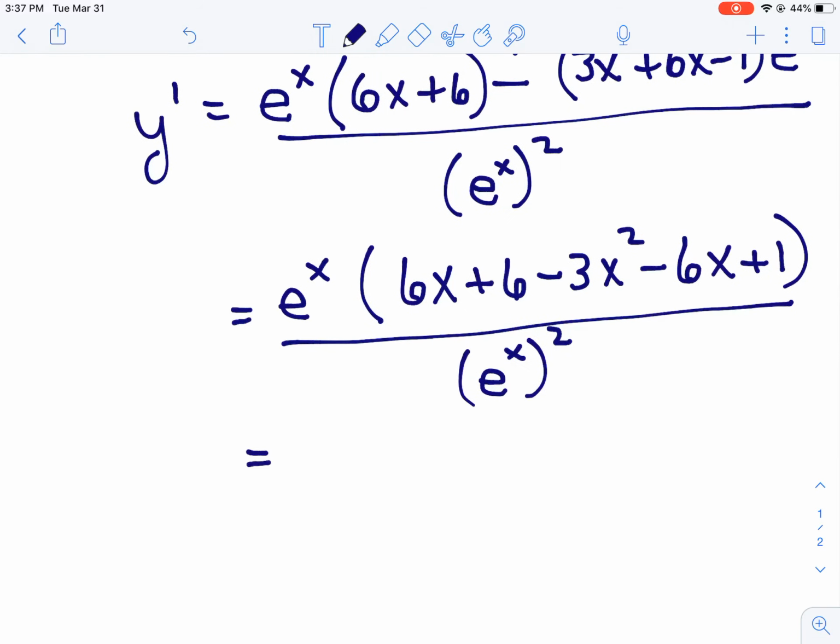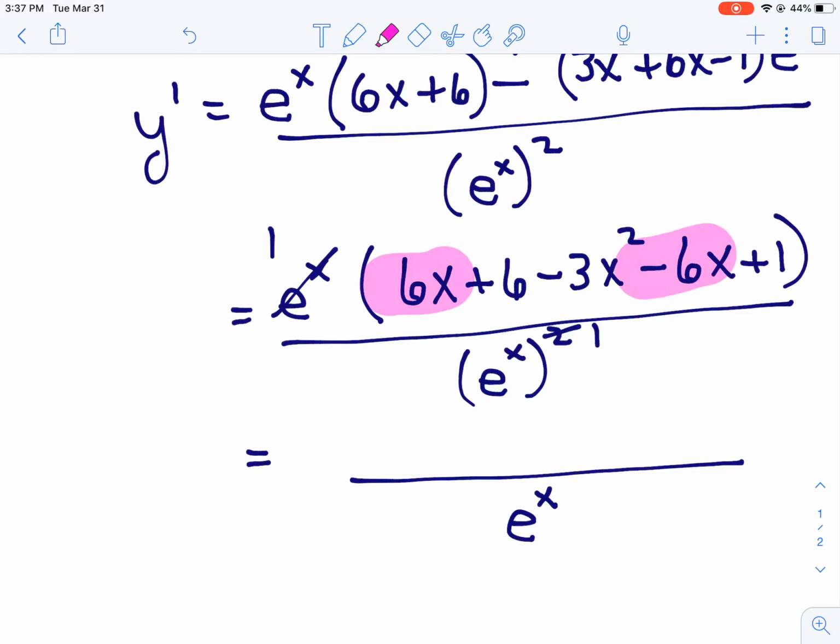So now I'm going to cancel one e to the x with one of these e to the x's. So my denominator is just going to be e to the x. And then in the numerator, I have a 6x and a minus 6x. They're going to cancel out. So I have negative 3x squared plus 7 over e to the x. And that's my derivative with my quotient rule.